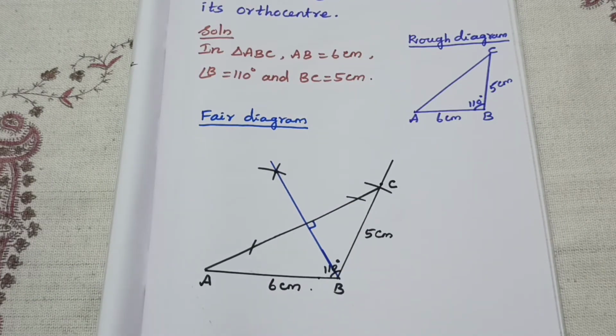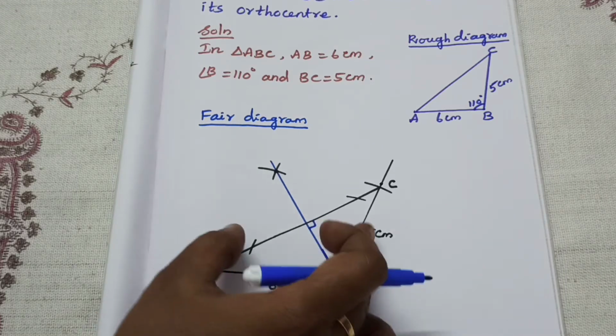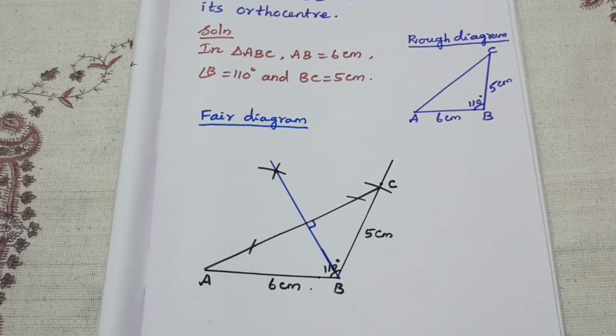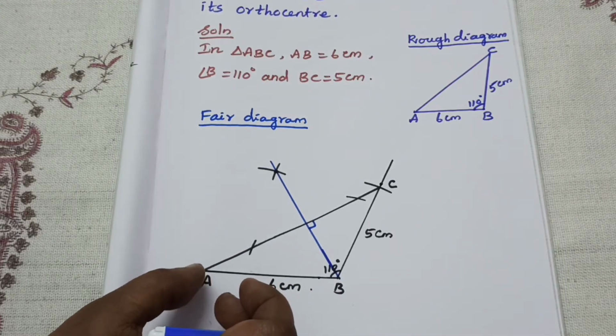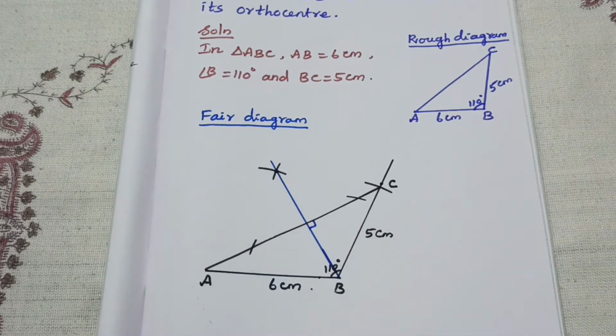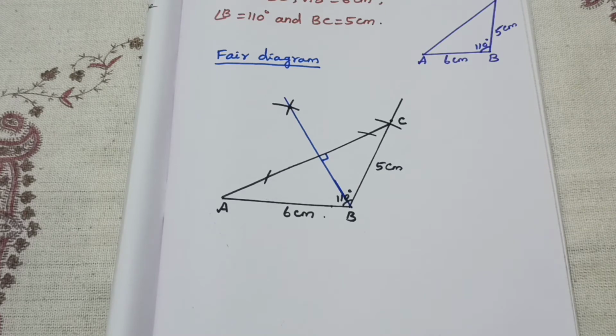Like that, we can find it on this side also. Shall we take from A or from C? Shall we draw from C?